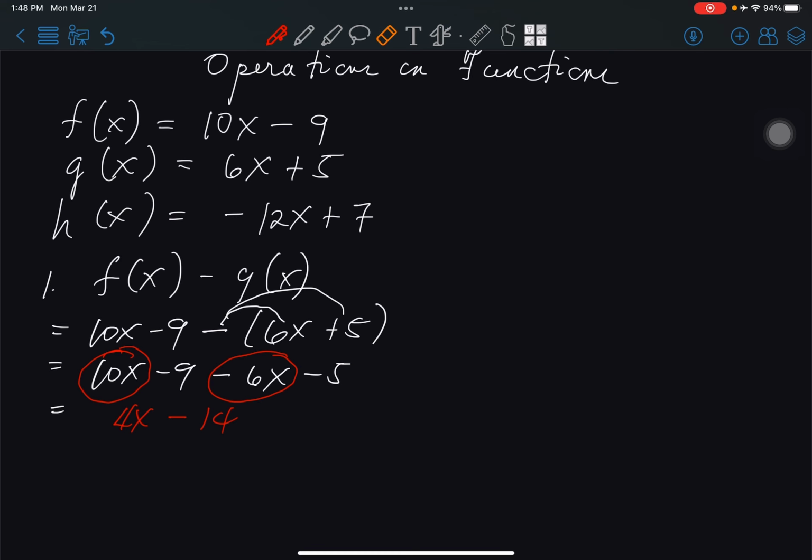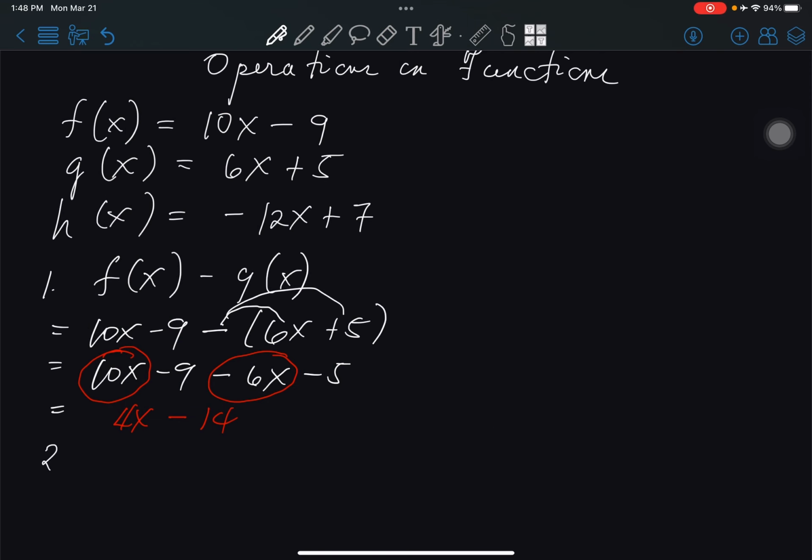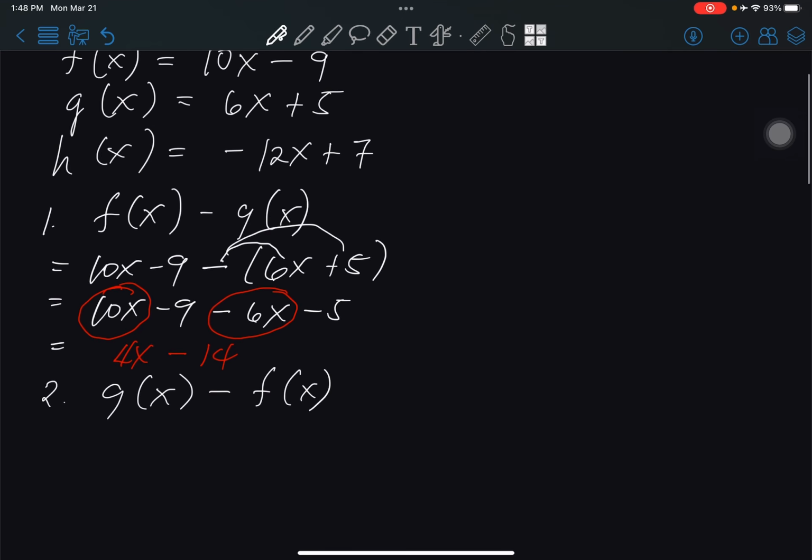How about if we are going to find out the value of, let's say, subtracting g of x and f of x? Are we going to have the same difference? So we will see.